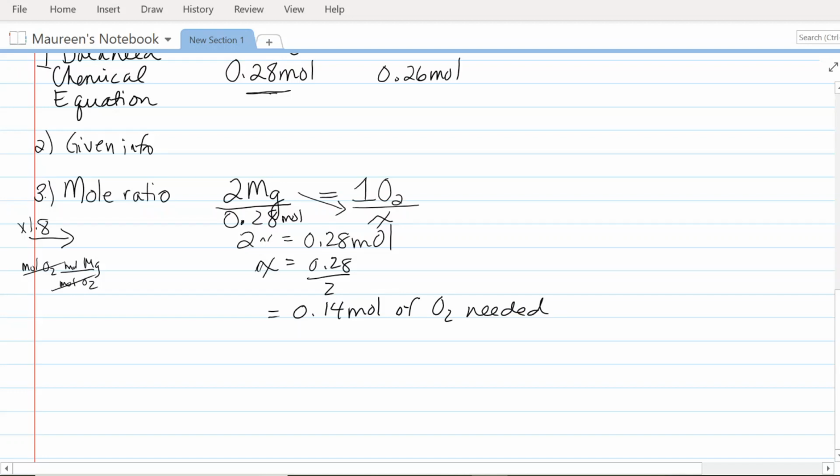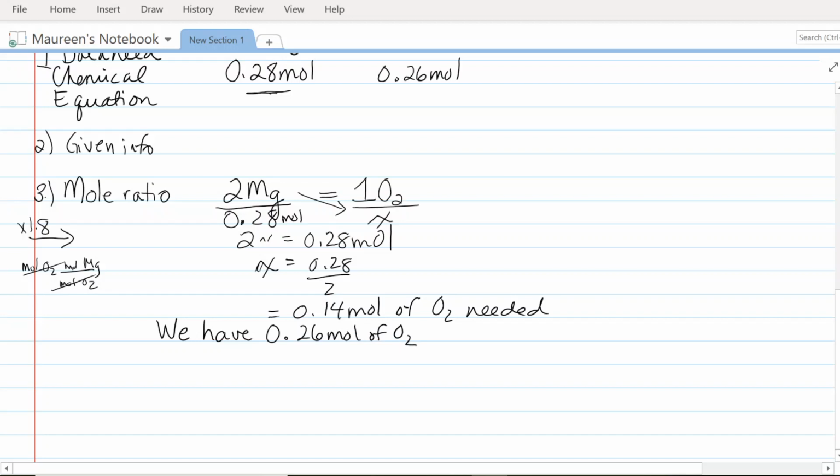All right, we wouldn't need to write down all this, but I'm going to write it for the sake of something you can come back and have a look at. If we go back to our question, we have 0.26 moles of oxygen.